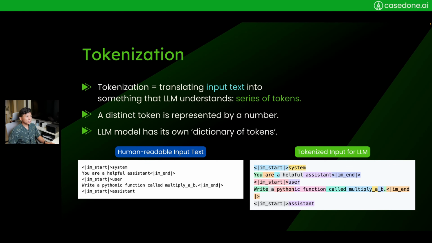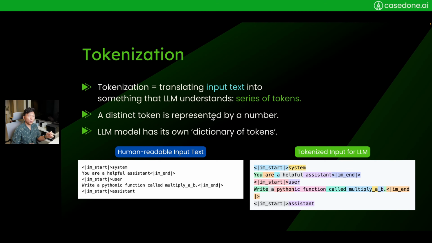Okay, the second topic is about tokenization. What is tokenization? Tokenization is essentially a way of translating the input text that humans can read into something that the LLM understands, which is a series of what we call tokens. A token is represented by a number, right?